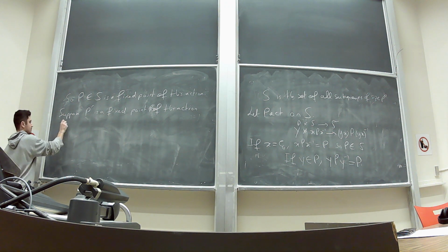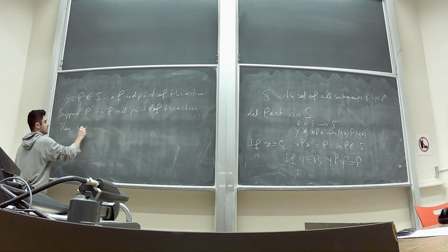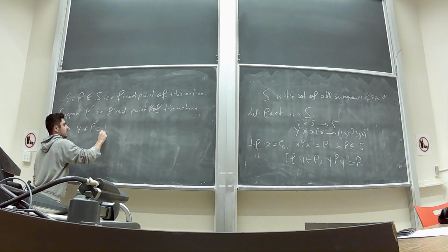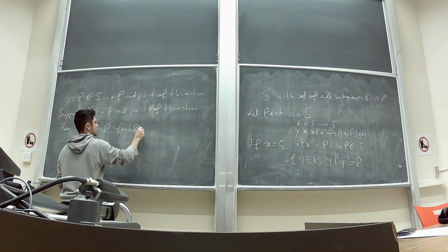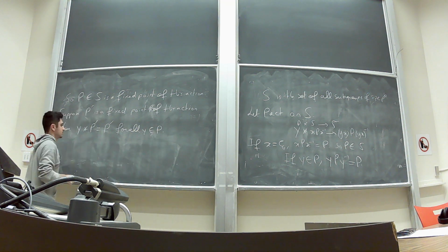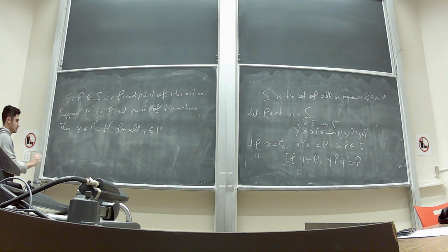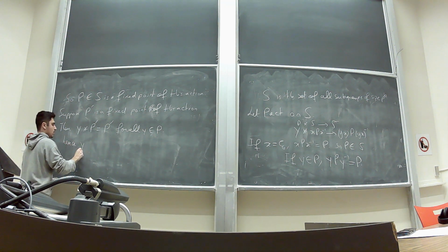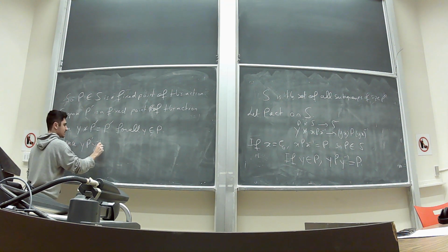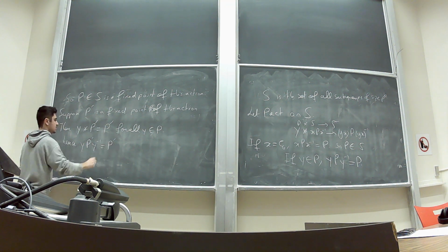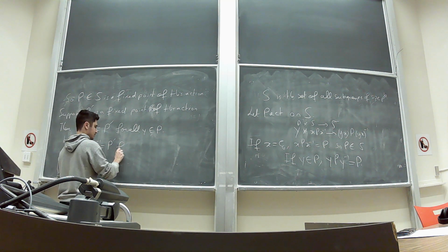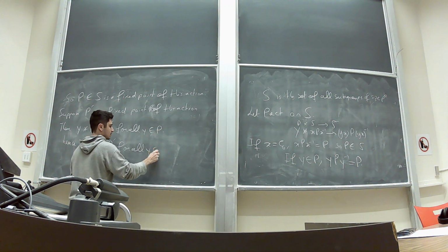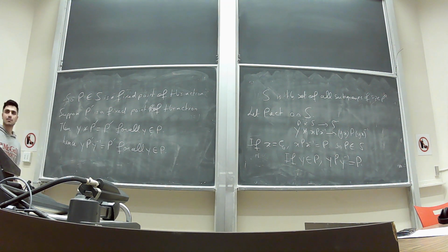Then y star P prime is equal to P prime for all y in P. Hence, yP'y inverse is equal to P prime for all y in P. Agree?